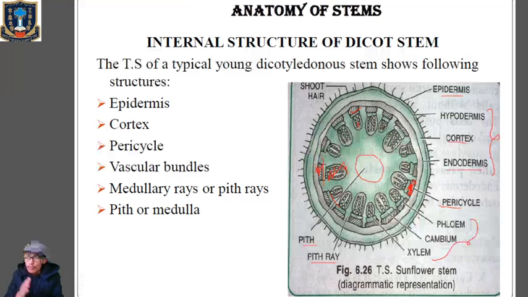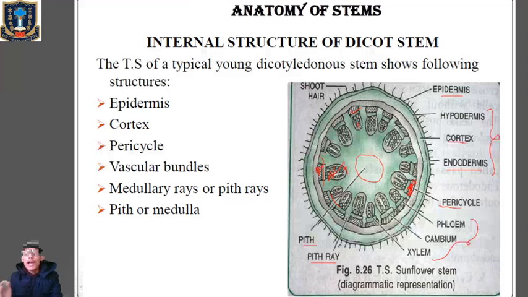This is the composition of phloem. The cells of the phloem are living cells and they have a thin cellulose wall.